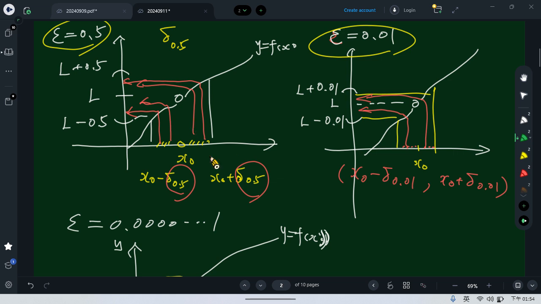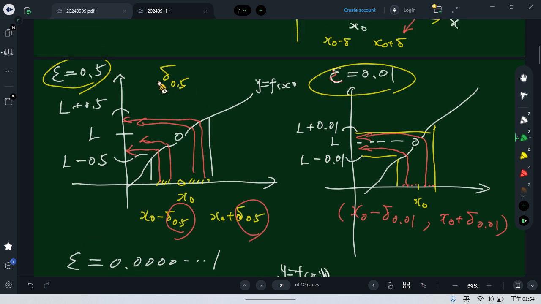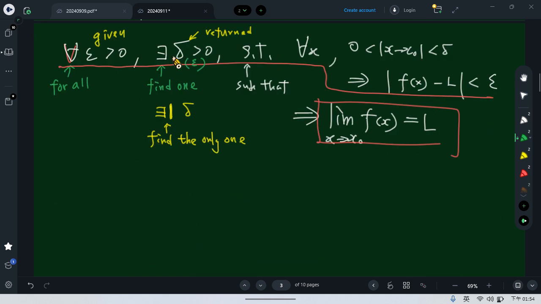So that's why I say epsilon and delta you can regard as a couple, a pair. But again, let me emphasize that the delta here will not be the only solution. You may have many solutions, but you just pick one of them. That is more than enough. Okay?